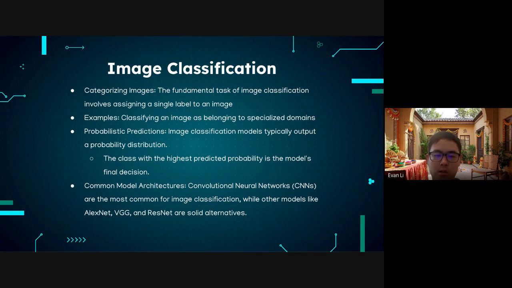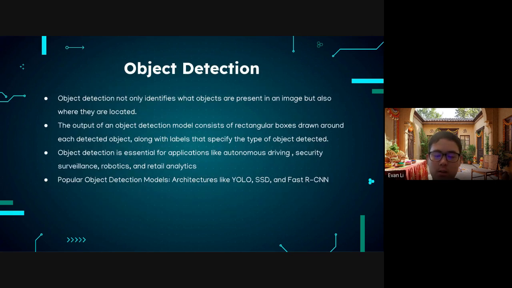Building upon image classification, we encounter object detection, a task that demands a more intricate level of visual understanding. Object detection transcends simple categorization by requiring the system to not only identify the types of objects present within an image, but also to precisely localize each object.